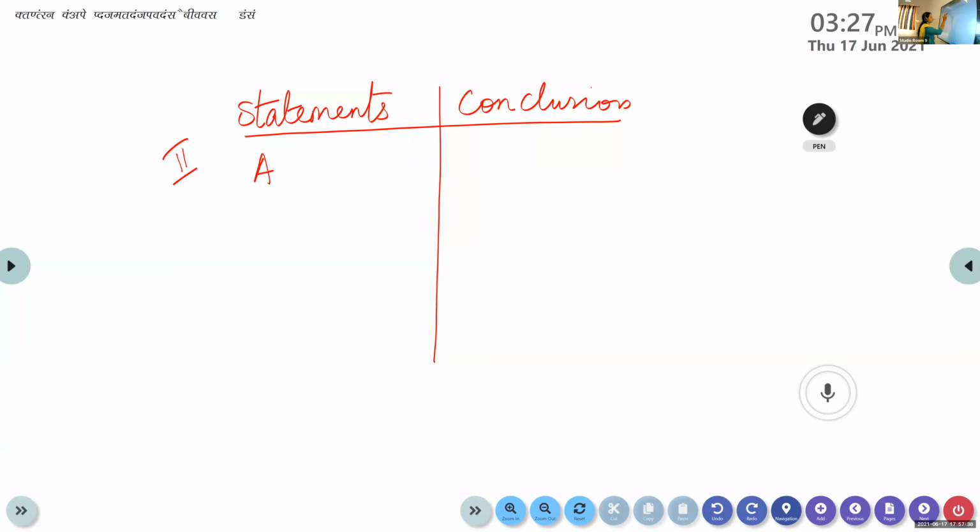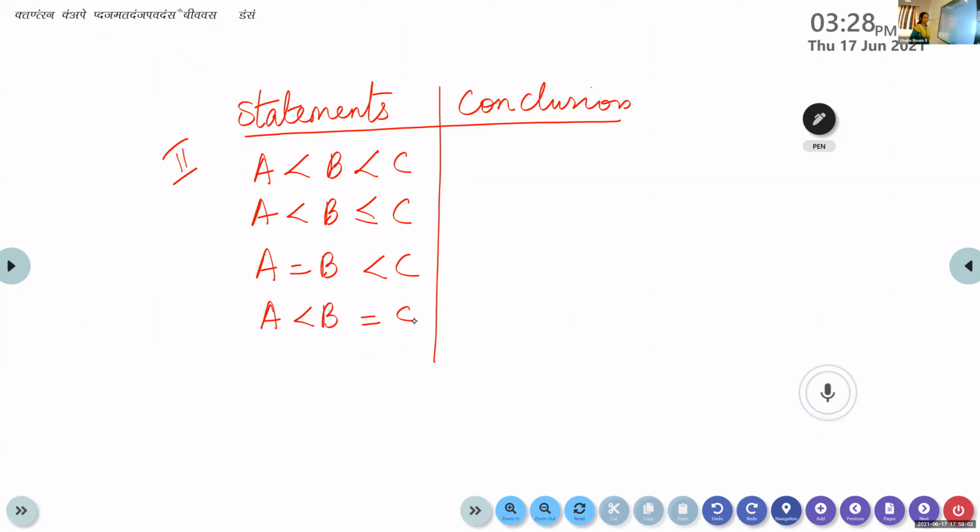Now look at the second set. A less than B less than C. A less than B less than or equal to C. A equal to B less than C. A less than B equal to C. A less than B less than C. A less than B less than or equal to C. A equal to B less than C. One more case is there.